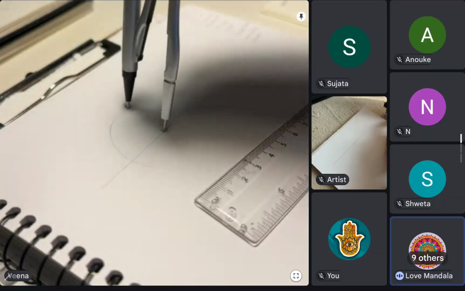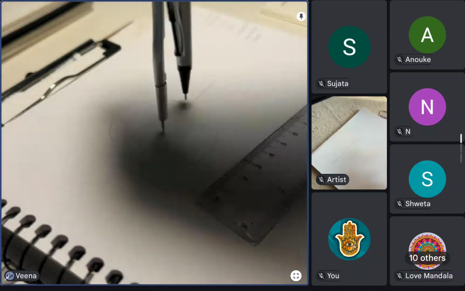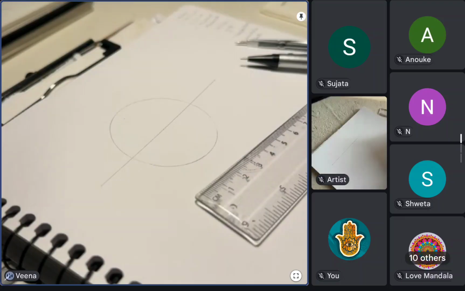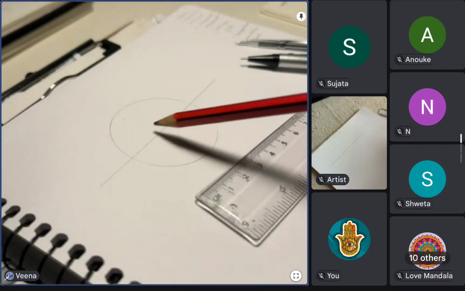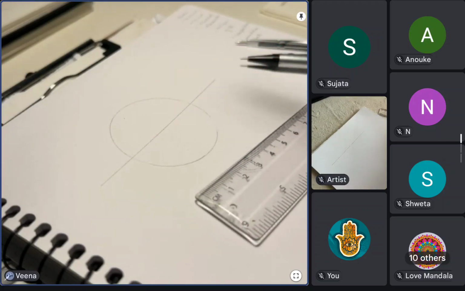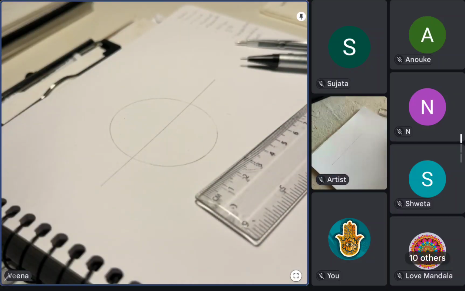This we are just doing for learning purposes. Normally you would take the center point and then take the center point on all four sides, then join those lines, get the midpoint, and do a circle, right? But now I'm just showing you how we make a square out of this. So that's why just a line and a circle. That's it.